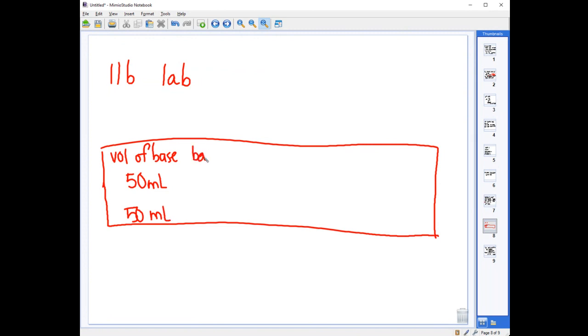Okay, and then you had how much was left, and I showed you pictures, so you're going to get that amount from those pictures. That was the volume that was left. And then you have volume of the base that was used. So you're going to take the 50 you started with and subtract the amount that was in the picture. This is trial 1 and this is trial 2.